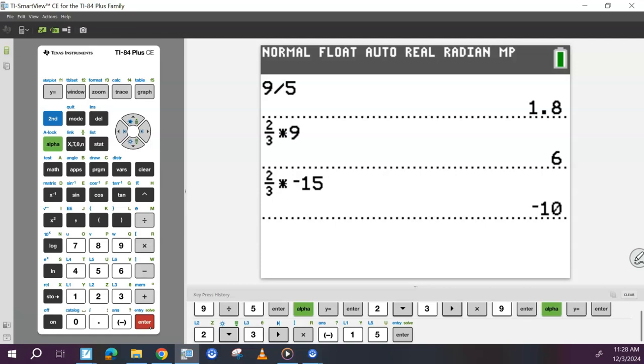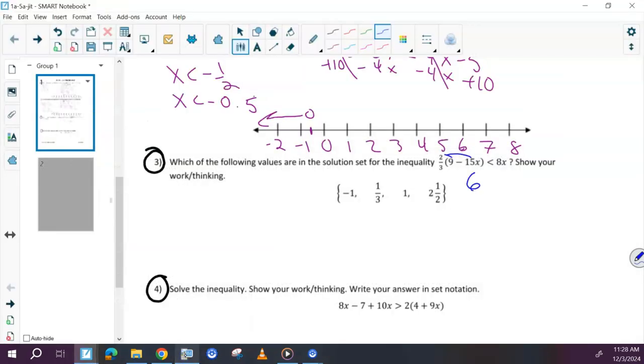So 6 and -10. So it would be 6 minus 10x is less than 8x. We could combine the x's, move them all to the right. So 6 is less than 18x. Divide both sides by 18.